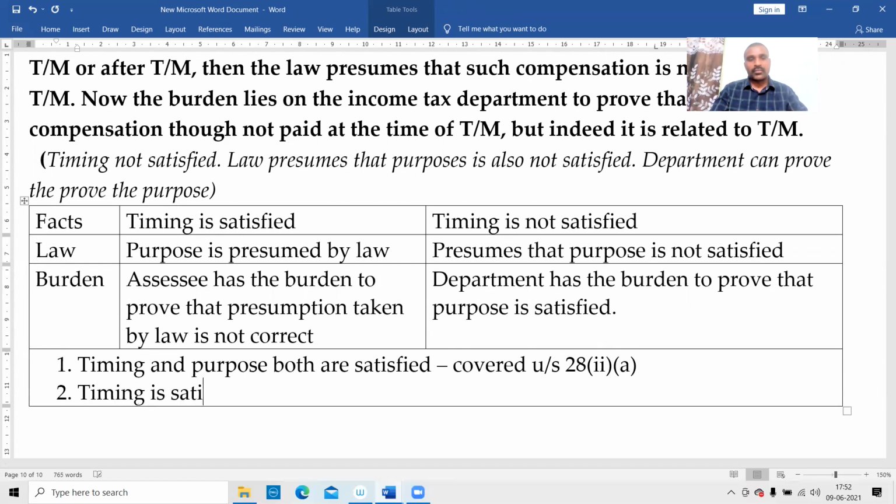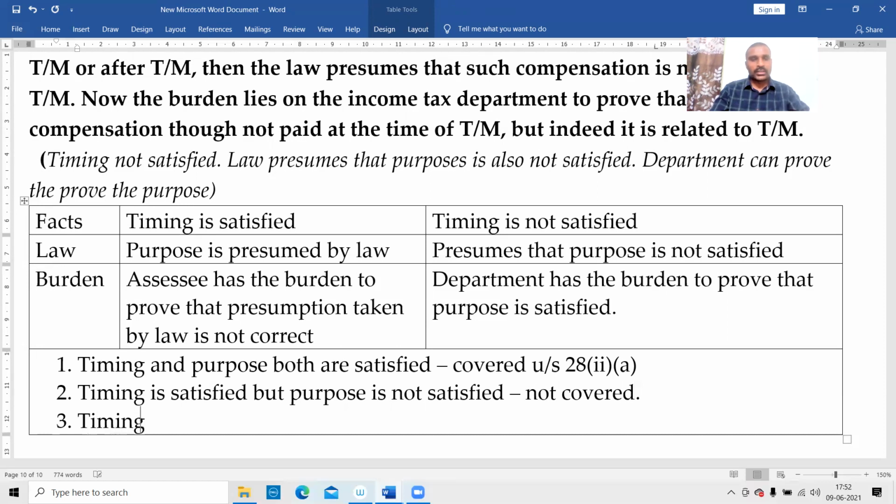Timing is satisfied but purpose is not satisfied, not covered.